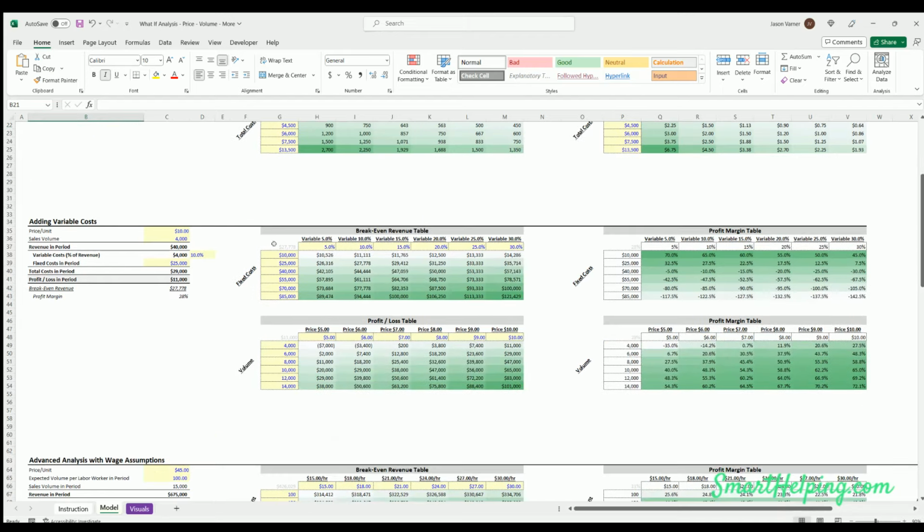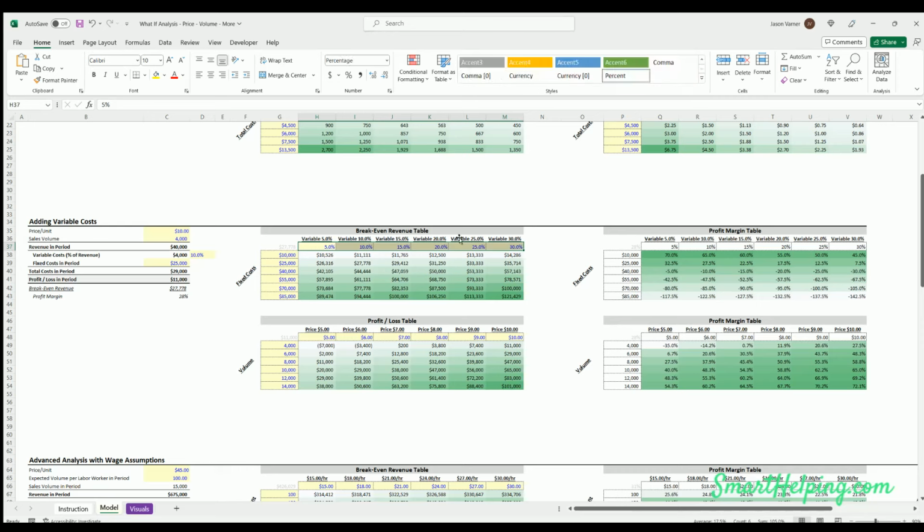Next one, we're doing the same idea, but now we're adding a variable cost input. So now you've got price, volume, variable cost, fixed cost, total cost, profit and loss. And what we can define here is what your break-even revenue is at various variable cost levels and fixed cost levels. And note, for manufacturing, your variable costs are going to be things that scale directly with volume.